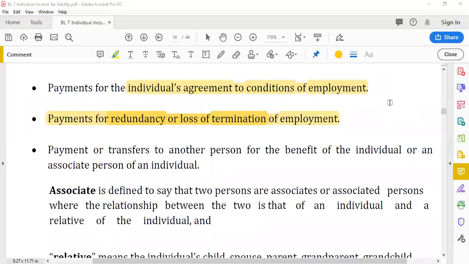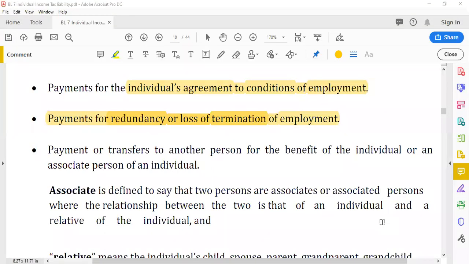He takes at least 3 months now to find another job to survive. Also, sometimes that employee will go to the labor court, right? The terminated, affected employee will file a case in the labor court.